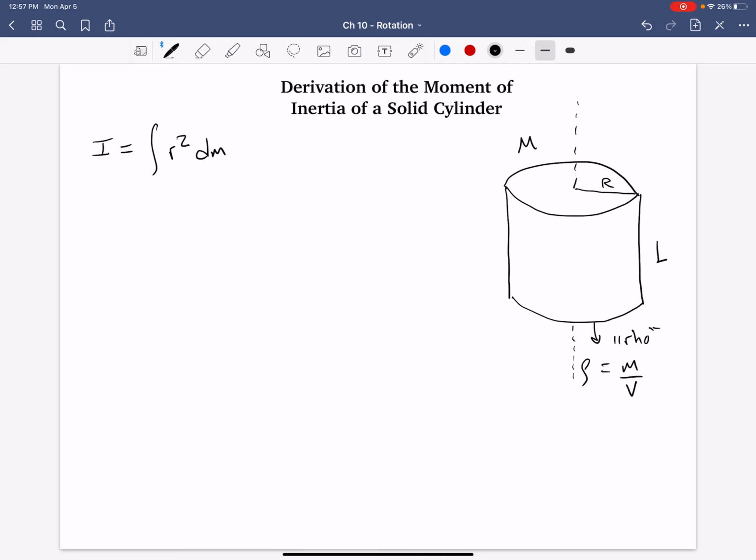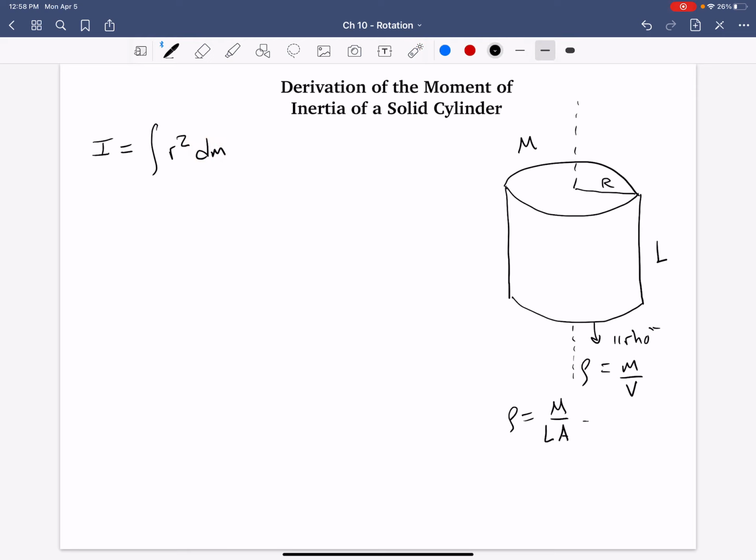The volume of a cylinder is length times area, and that's the area of each of those discs, each face, which is just pi r squared. In our expression for I, we don't need just mass, we need dm, differential mass.